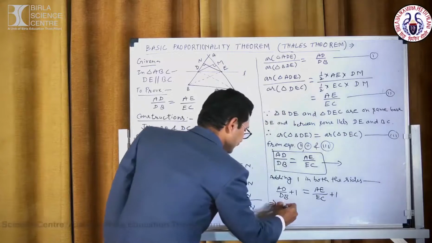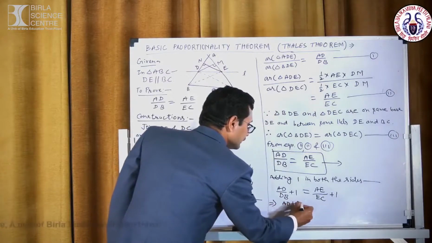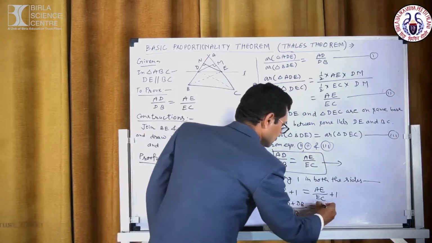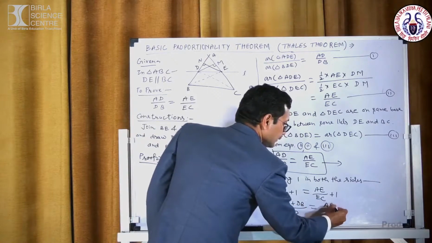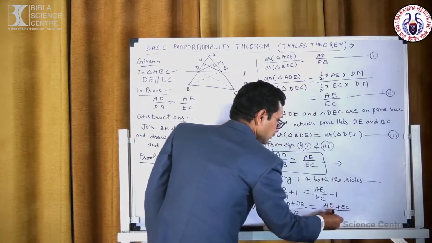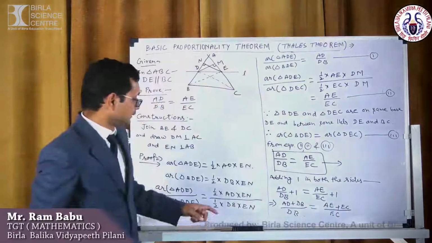It implies that AD plus DB upon DB is equal to AE plus EC upon EC.